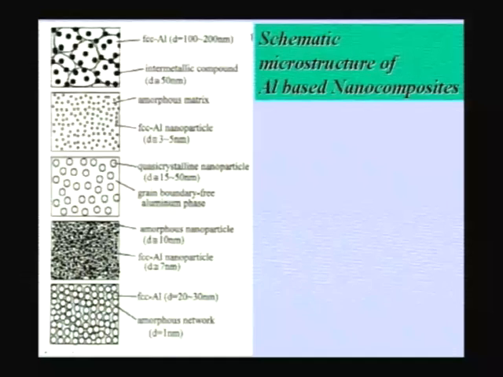For example, if you can somehow increase the nucleation rate of aluminum, you will have a large number of fine precipitates, and when you have so many fine precipitates, the amount of amorphous phase gets reduced and becomes a very small quantity, and that small quantity will remain at the boundaries of this aluminum, if you can imagine that. So you can have aluminum with a thin network of amorphous phase, that can give you additional possibilities of mechanical properties.